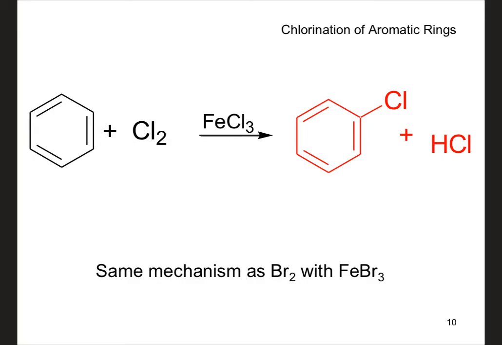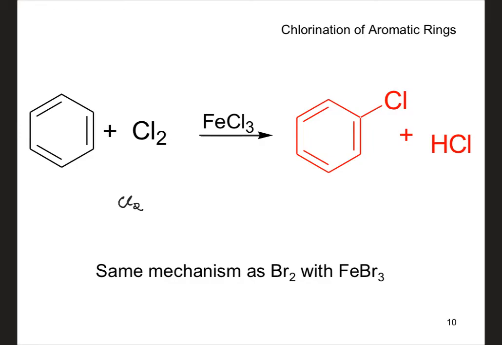Note that it's not necessary that if I just have Cl2, then I must always use FeCl3. I could use FeBr3, if that's what I had in the lab. The reaction will still work the same way, but just for consistency purposes, they use the chloride as the conjugate base when it's a chlorination, and the bromide as the conjugate base when it's bromination.